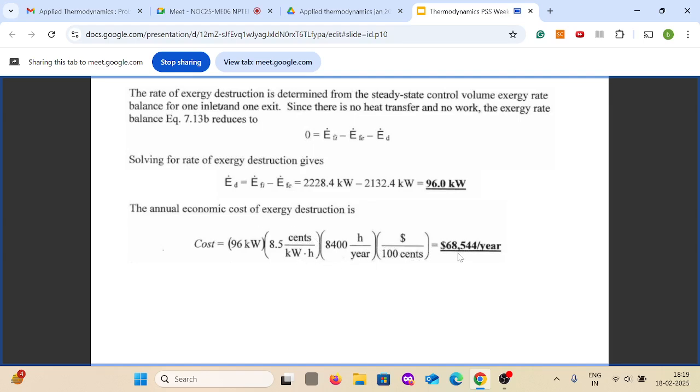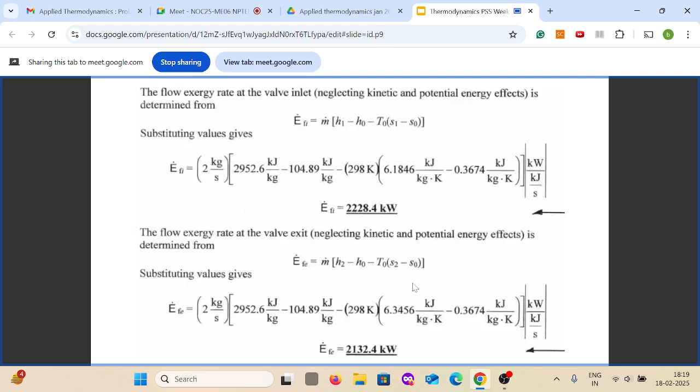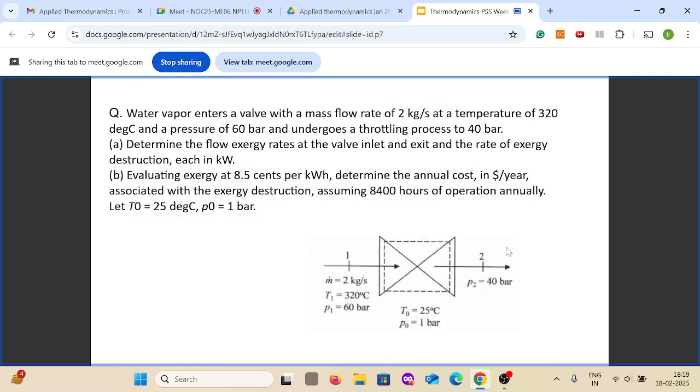In that case you'll get 68,544 per year. That's how much you have to bear in cost. So you have to spend this much to bring it back to the same state. This is going from our pocket to bring the state of the fluid at state 2 to state 1.